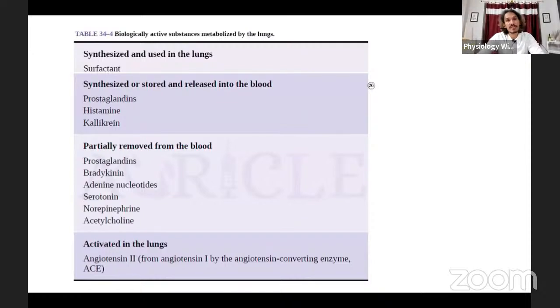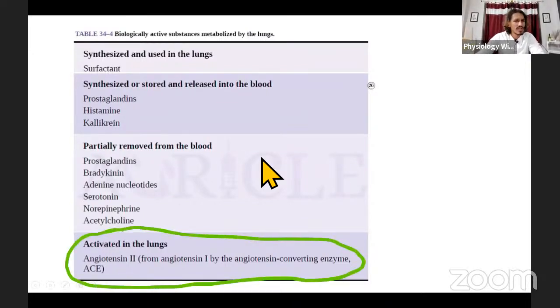Okay. Now, apart from that, one endocrine function is angiotensin 2, something you study in the cardiovascular system. Angiotensin converting enzyme is produced, which results in conversion of angiotensin 1 to angiotensin 2. This is happening in the lungs. Apart from that, certain components like surfactants are produced in the lungs. We'll talk about it in the next class.